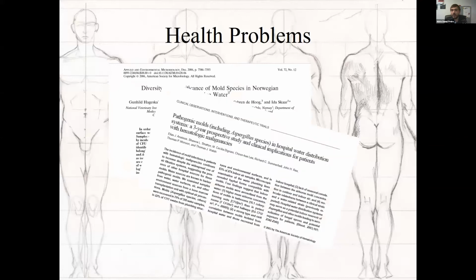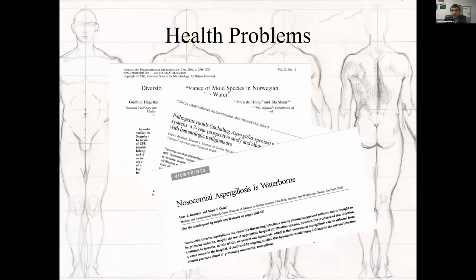Now, concerning fungi, there are a lot of health problems related to them, all documented in the literature, as you can see from some examples here. Mainly two types: respiratory problems, and skin, hair and nail problems, namely mycosis.